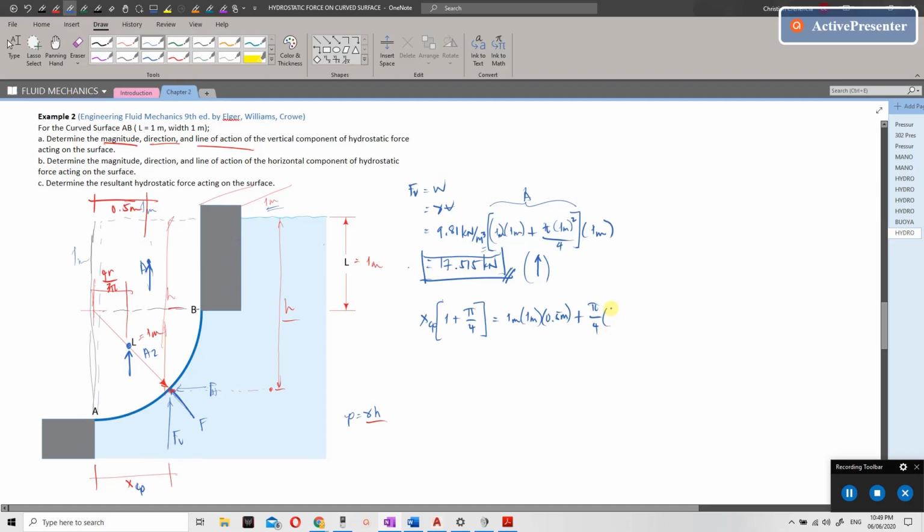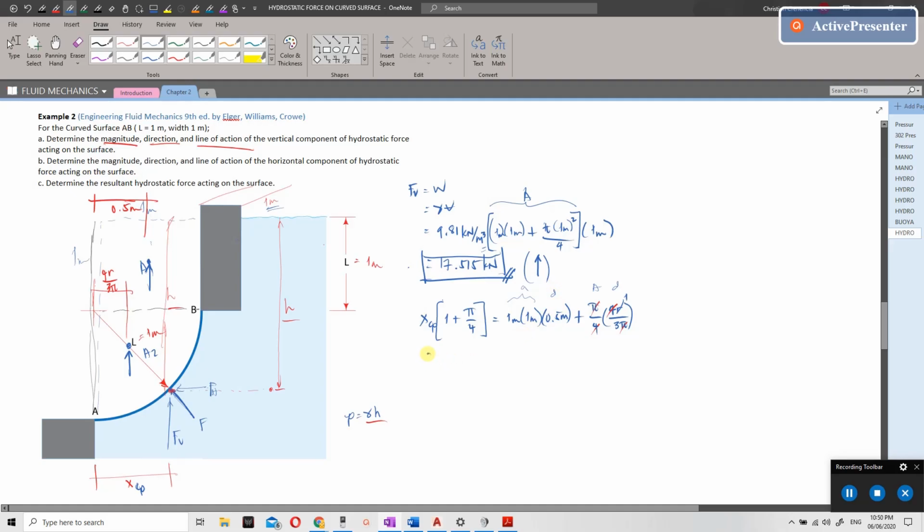Then the distance is 4r over 3 pi, where r is 1, so the 4 and the pi cancel and what remains is 1/3. This is pi over 4 the area, and this is the distance.